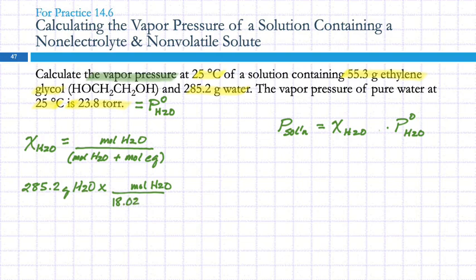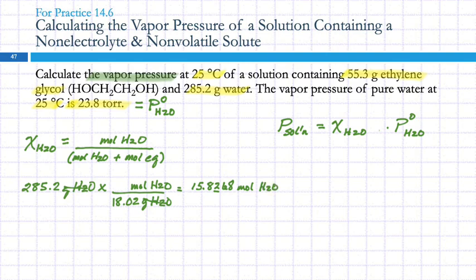We just need the molar mass of water, which, if you don't have it memorized, you can just calculate it real quick. 285.2 divided by 18.02 is 15.8268 moles. I'm keeping 4 sig figs here because this starting number had 4 sig figs. So that's moles of water.